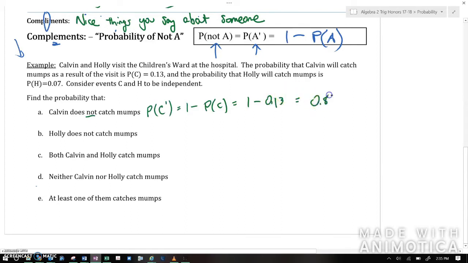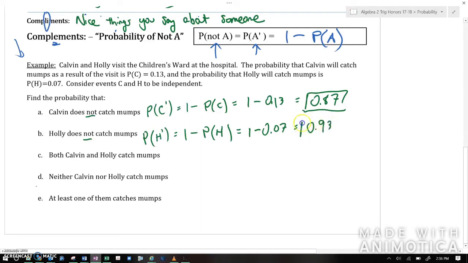So the probability that he does not catch mumps, 0.87. Similarly, the probability that Holly does not catch mumps, we'll call that P of H prime, or not H, 1 minus P of H, which is 1 minus 0.07. So the probability that she does not catch mumps, 0.93.